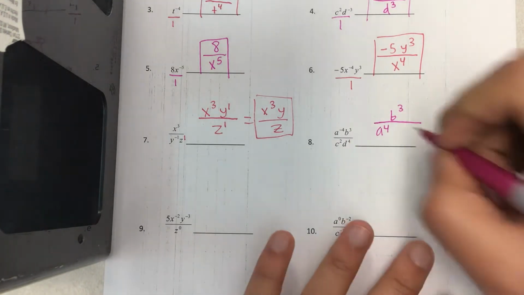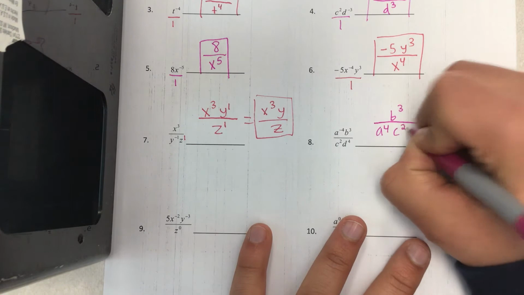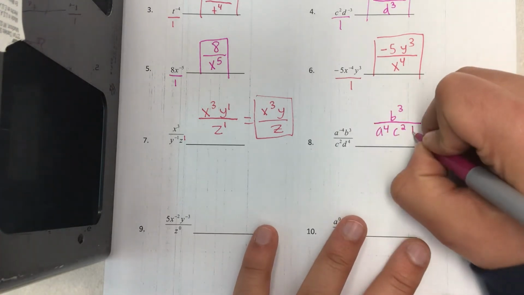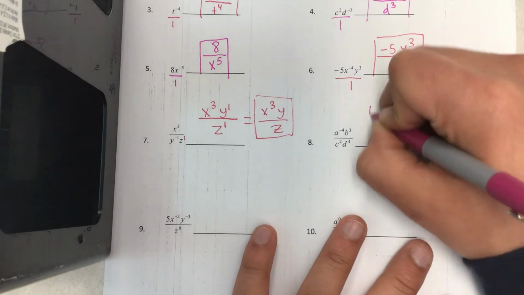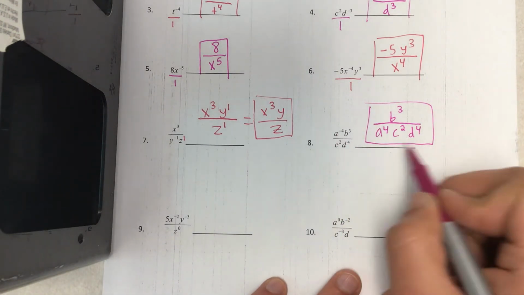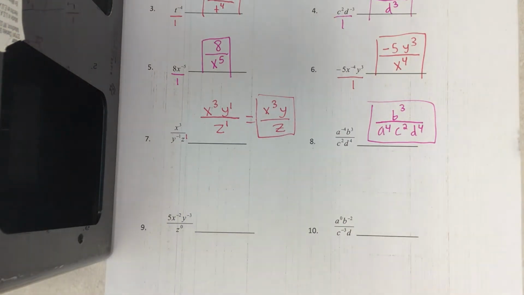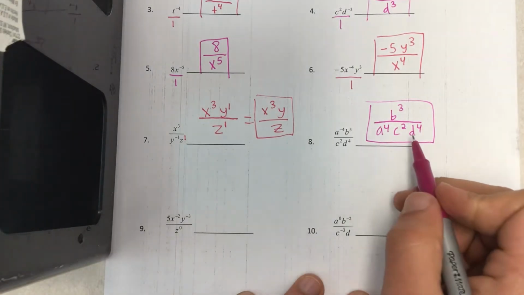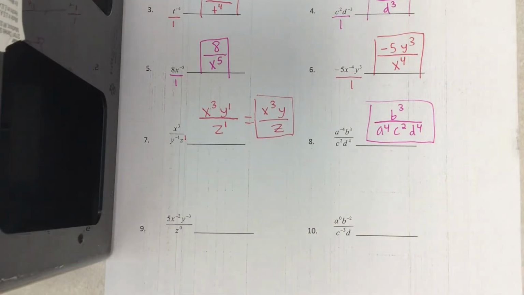C to the second power, that's positive, that can stay where it is. D to the fourth, that's positive, that can stay where it is, okay? So the only thing we had to move was that a to the negative fourth. Everything else stayed the same, okay? Even though there's a lot more on the denominator, that's fine. It's still good, okay? So there's my answer.